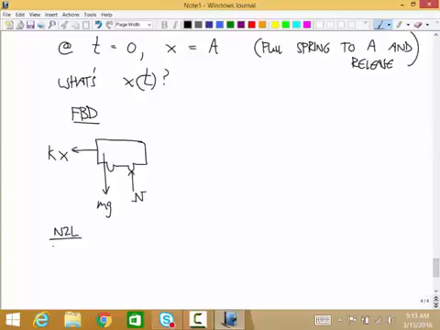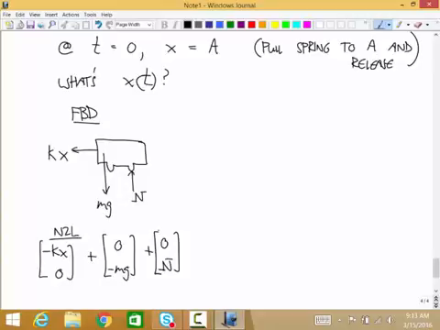Newton's second law then says negative kx in the x direction, plus 0 in the y direction, negative mg, plus N, is equal to the mass times the acceleration. What do we know about the acceleration? Not much, but we do know one thing about it.